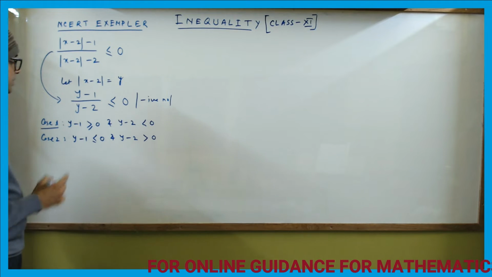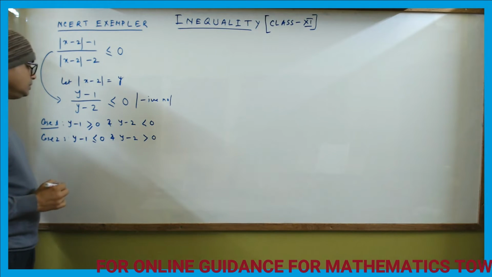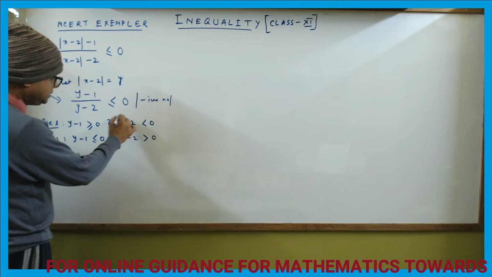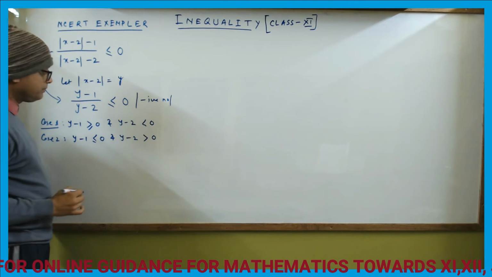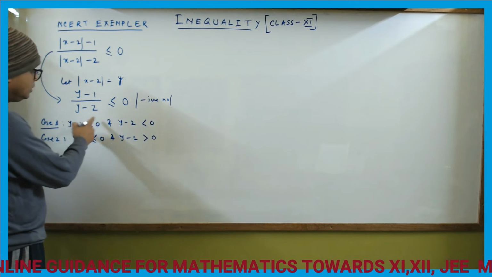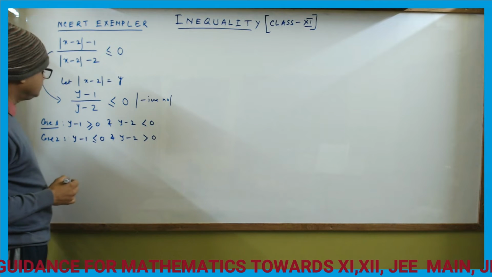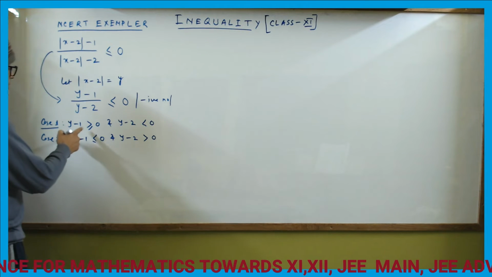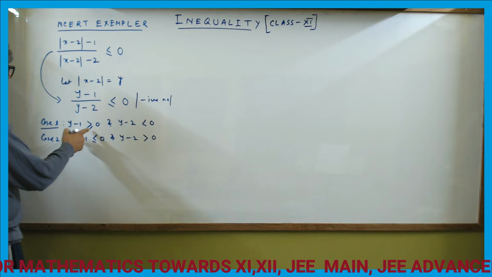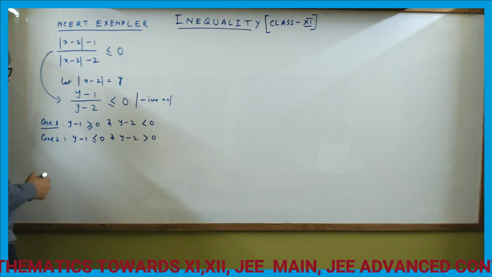Look here, it is very interesting to note that y minus 2, the denominator, is never equal to 0, because if the denominator equals 0, it is undefined in nature. So we always put the equality sign at the place of the numerator.